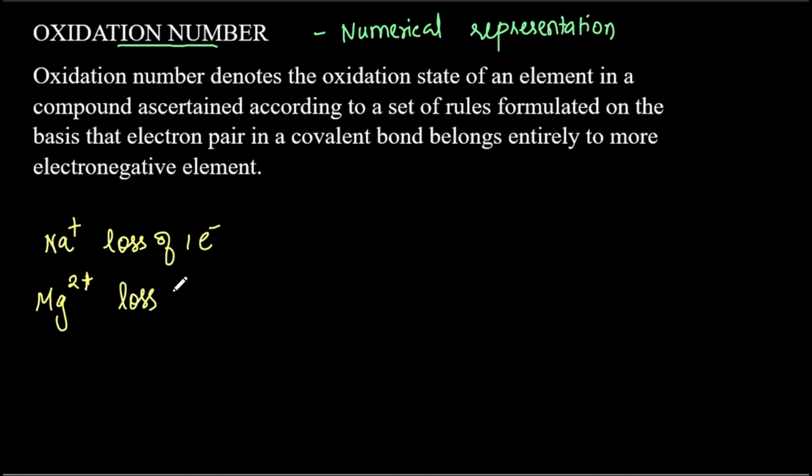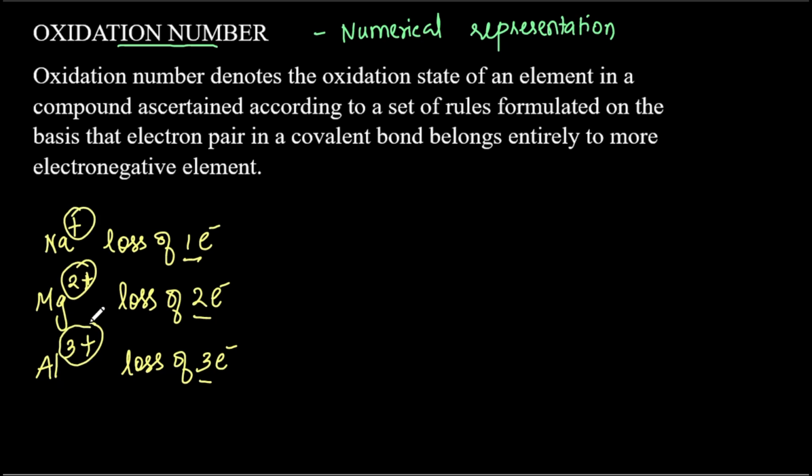It is loss of 2 electrons. If I write Al3+, then what will you understand? You will understand it is loss of 3 electrons. So, what is helping you to understand the number of electrons? It is the charge. The number present in the charge helps you to understand what has happened.